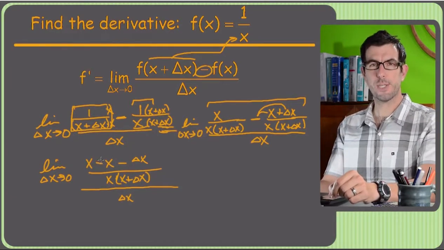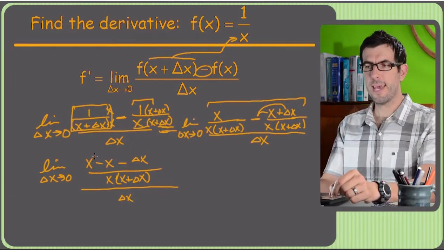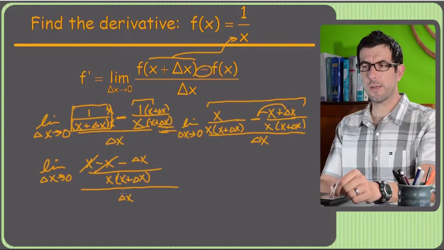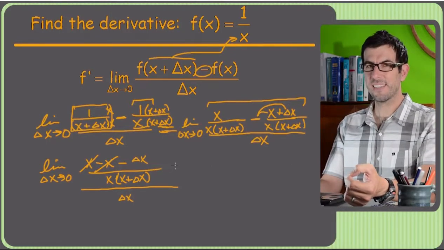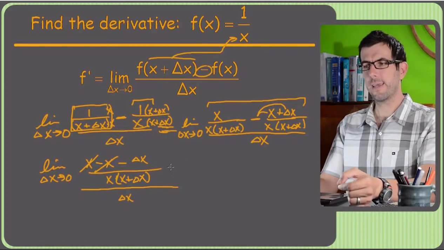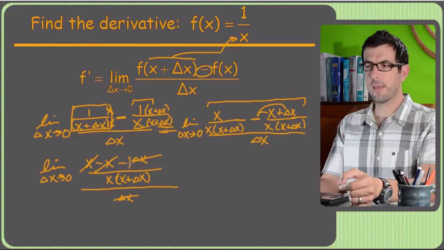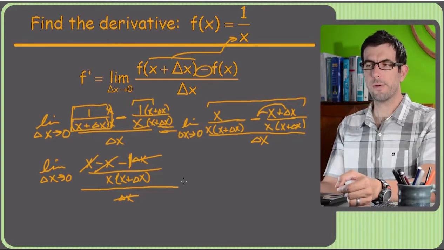All right, so here's where the magic happens. Check that out. The x minus x gives you nothing. So we're just left with negative delta x over all this junk over delta x. Well, how can I cancel my delta x's now? Yes, I can. This delta x cancels this delta x, and I'm just left with a negative 1 up there in the numerator.